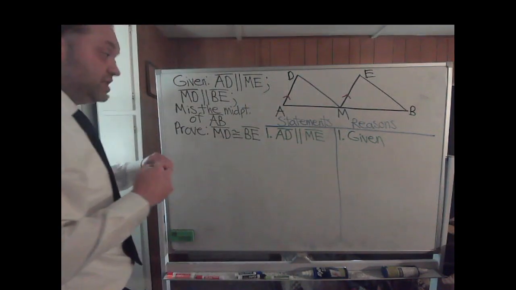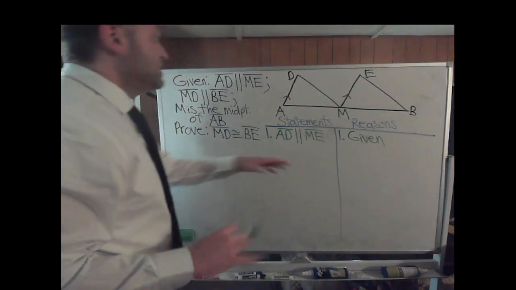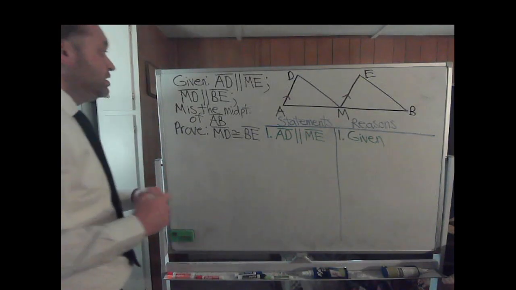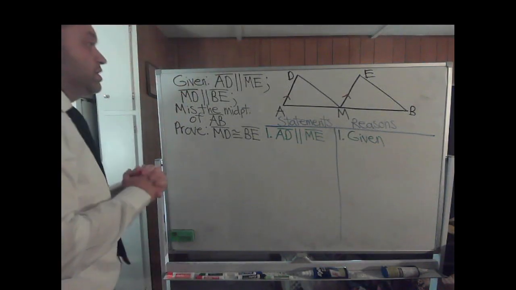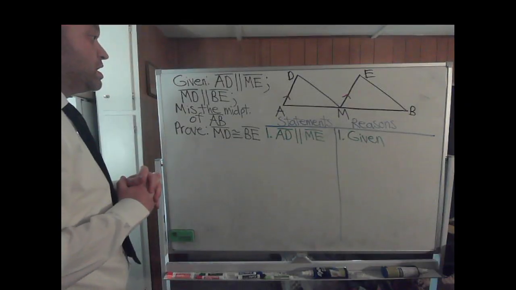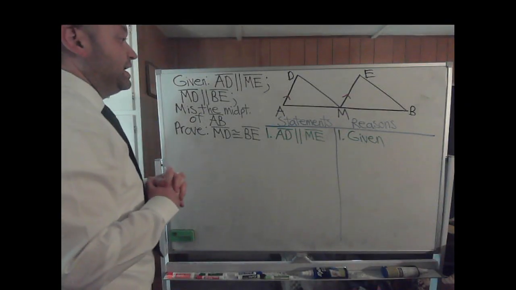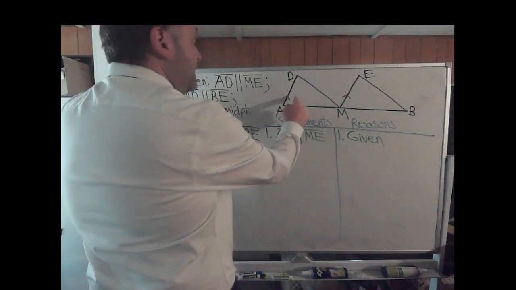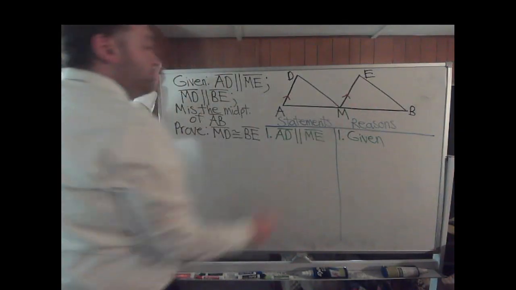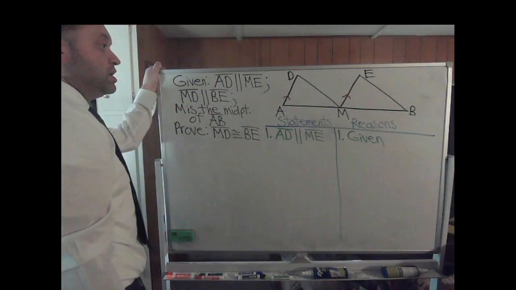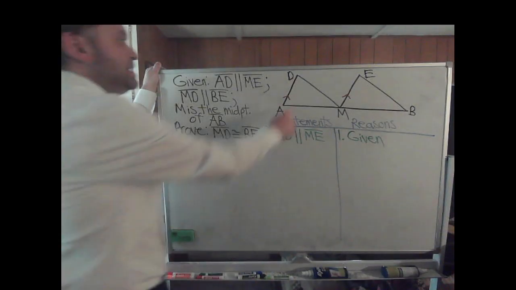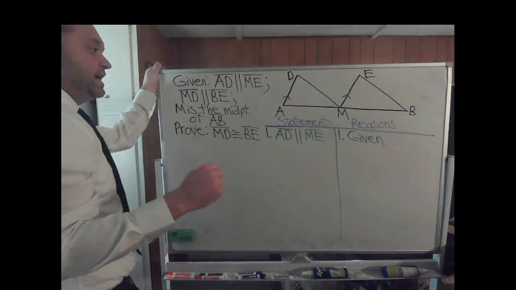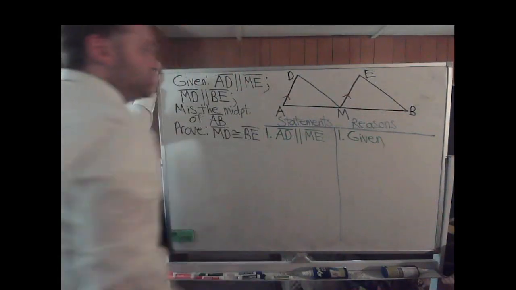So just with the first given statement, where do we go from here? We can say, since we know that AD and ME are parallel, we know for a fact that AB acts as a transversal, right?